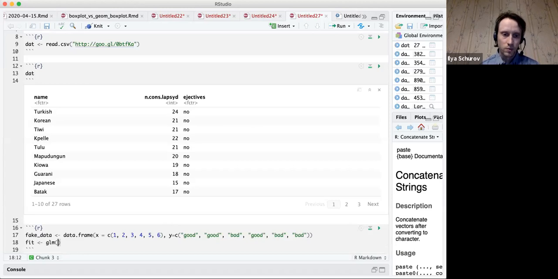I want to predict y using x. My data are fake data. And I have to provide something like family binomial. I think it should work like this, but I'm not sure.